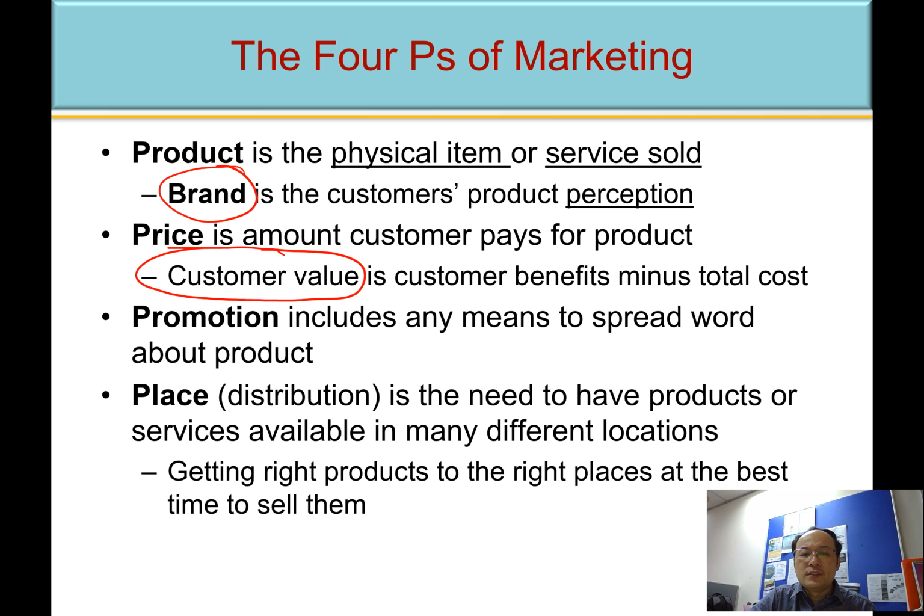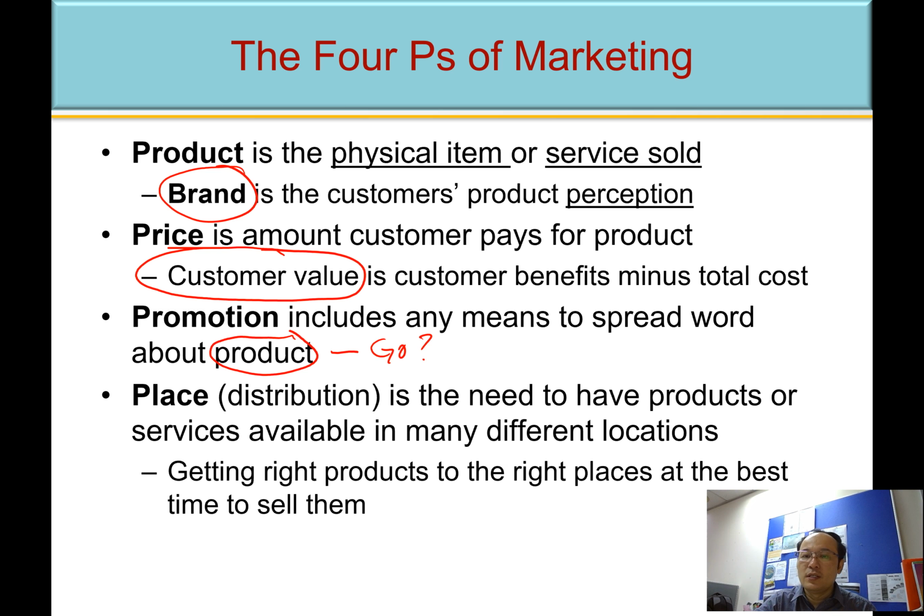Promotion includes all means to spread the word about the product. How you promote the product, and how far your product can go. The last one, place, is distribution. This is about the channels and locations.